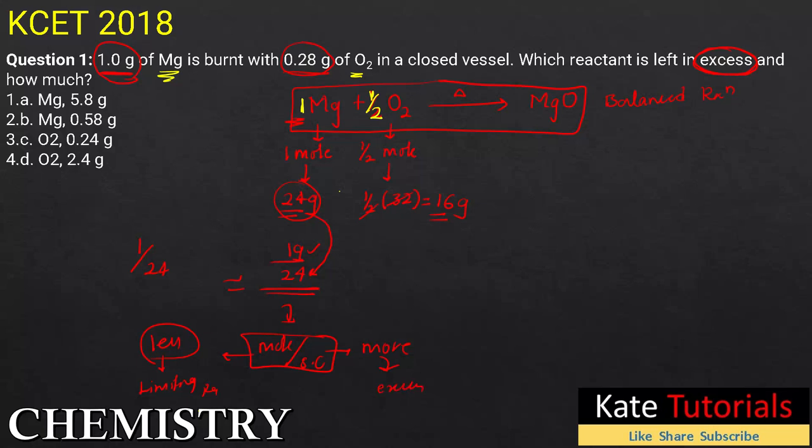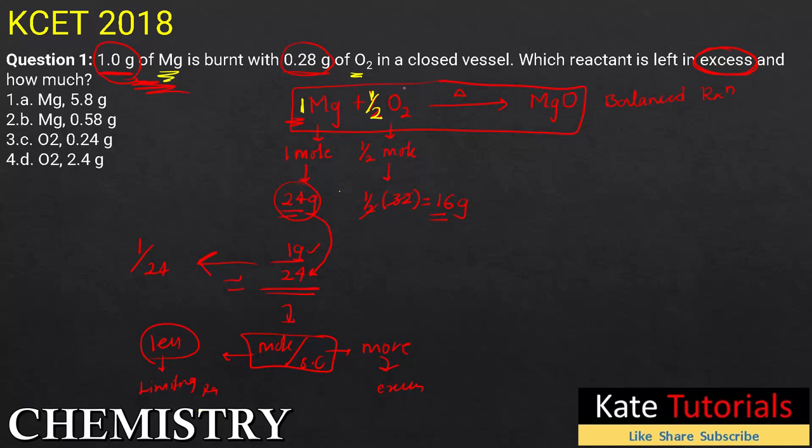To calculate the moles, I take the given weight, 1 gram of magnesium, divided by its atomic mass, 24. That is the mole, divided by stoichiometry 1, because in the balanced chemical reaction the coefficient of magnesium is 1. So the value is 1 divided by 24.